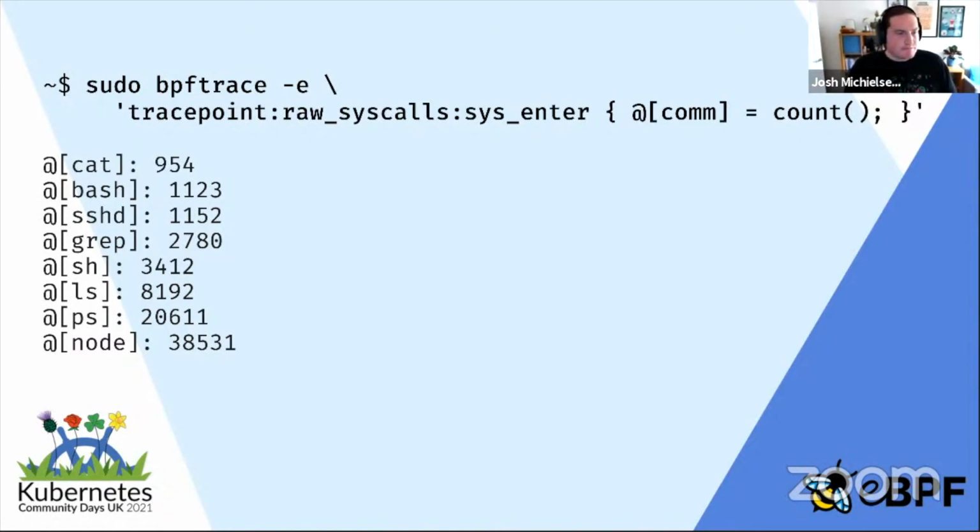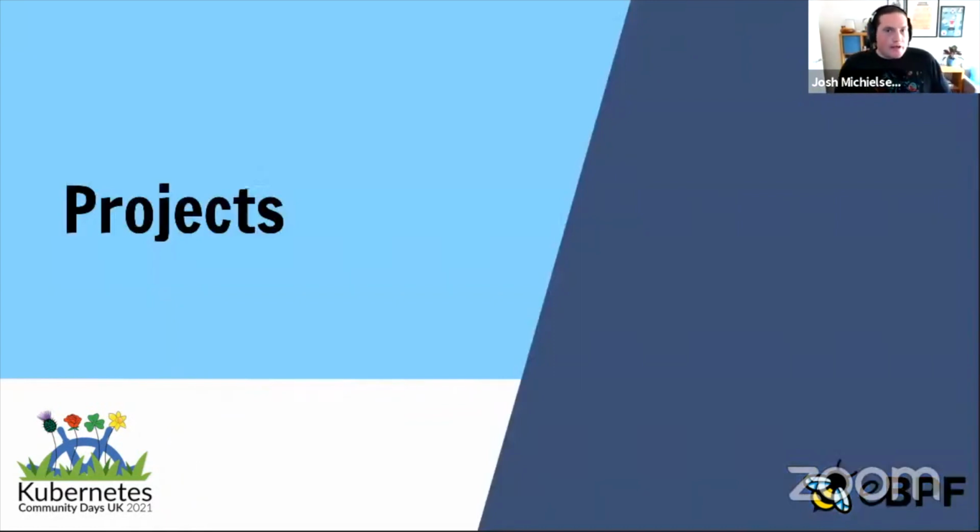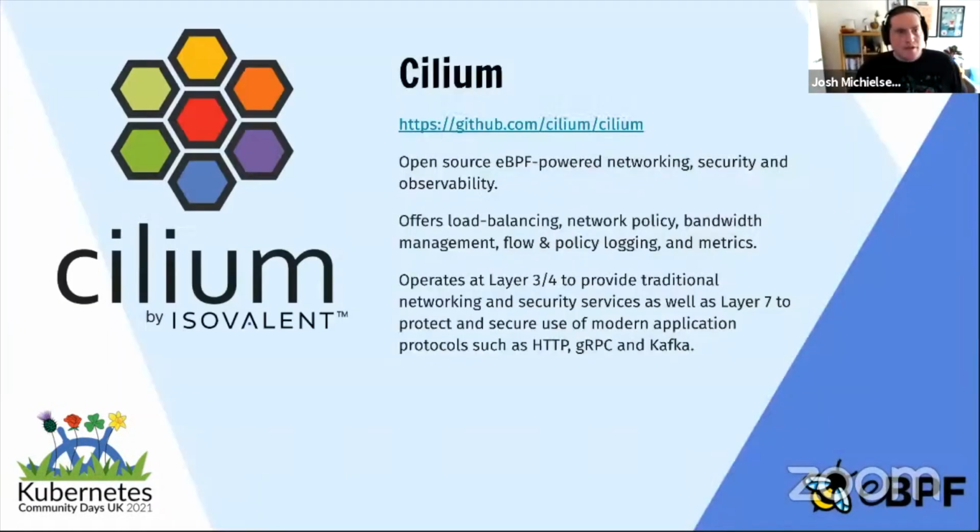Next up, we're going to move on to some projects. These are open source tools being used actively within the community. They're a little bit more difficult to get started with, but provide a ton of functionality out of the box. The first one is Cilium. Cilium is an open source networking, security, and observability tool.